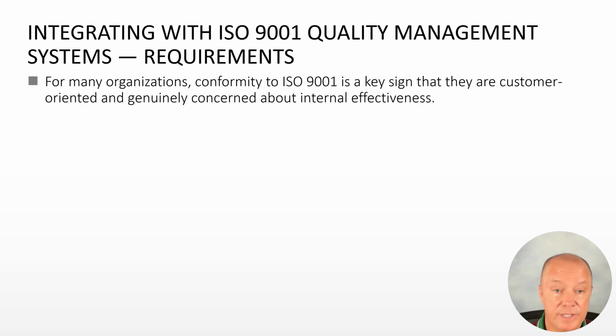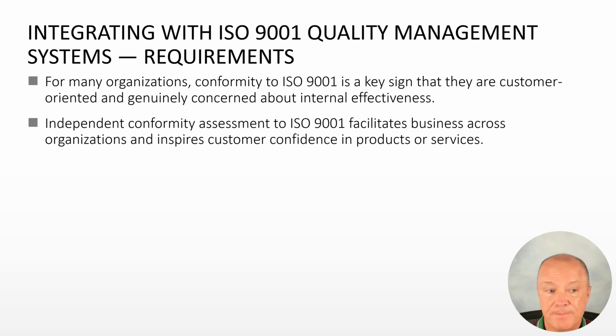For many organizations, conformity to the ISO 9001 quality management system standard is a key sign that they are customer oriented and genuinely concerned about internal effectiveness. Independent conformity assessment to the ISO 9001 certification specification facilitates business across organizations and inspires customer confidence in products or services.